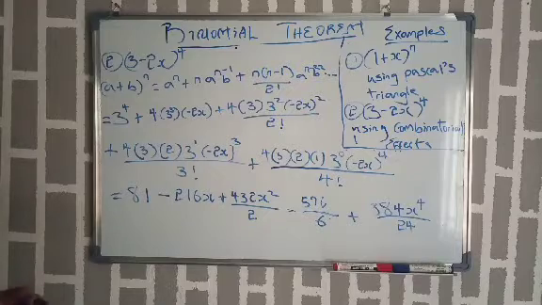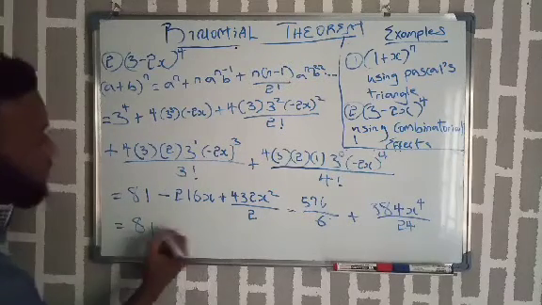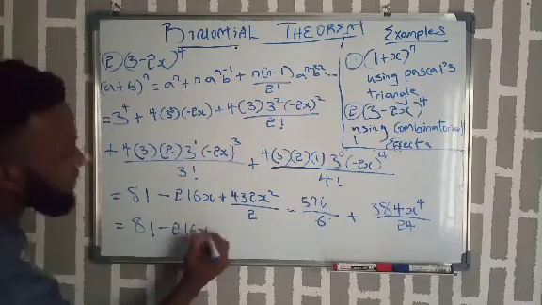So now let's divide those things. This remains 81. It remains minus 216x.